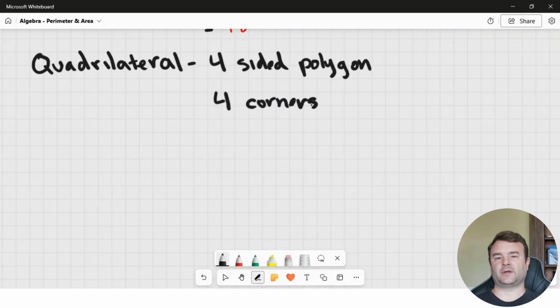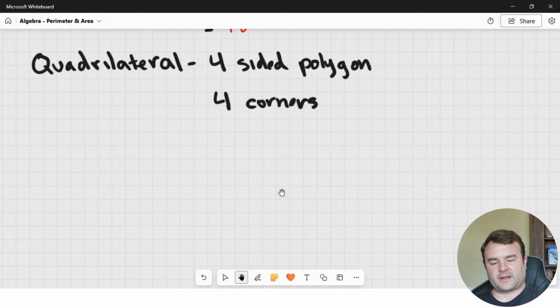So the rectangle, square, and parallelogram all fall under the definition of a quadrilateral, which is a four-sided polygon that has four corners. I just wanted to throw that extra definition in there for you.